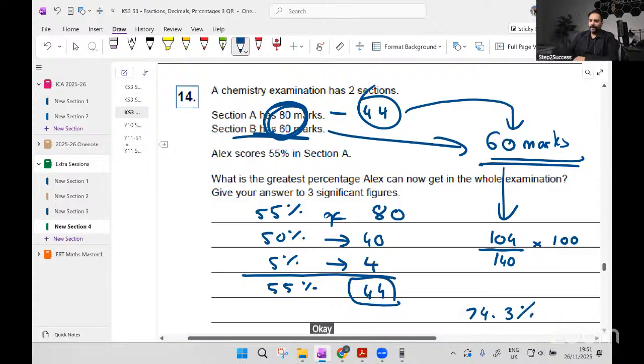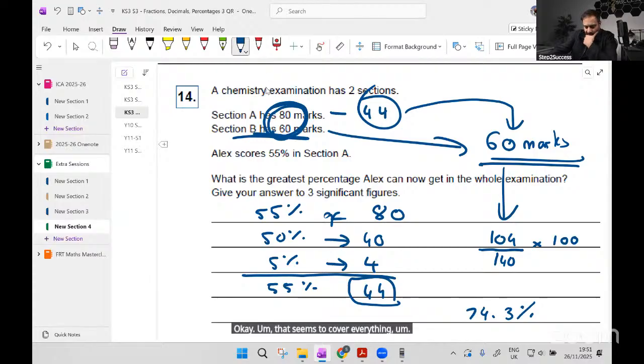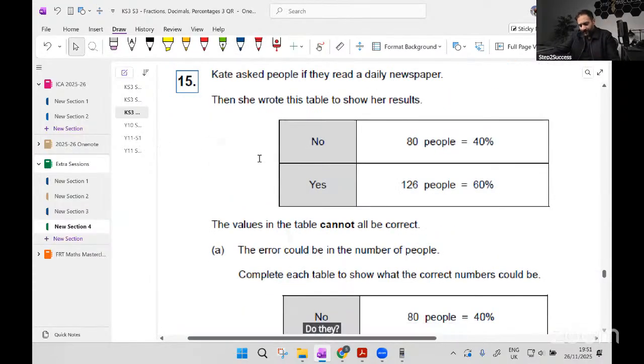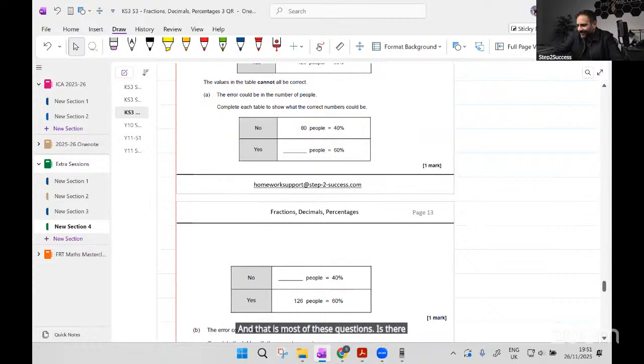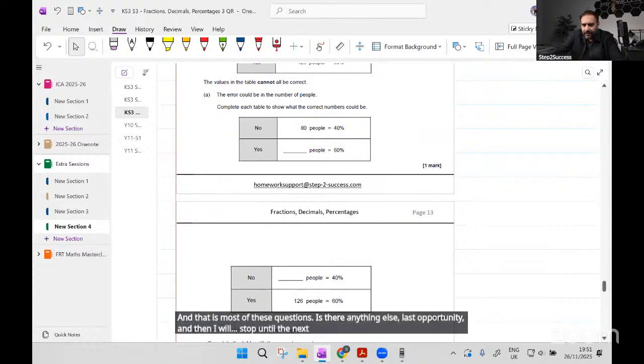Okay. That seems to cover everything that anybody has asked me today, and that is most of these questions. Is there anything else? Last opportunity, and then I will stop until the next session.